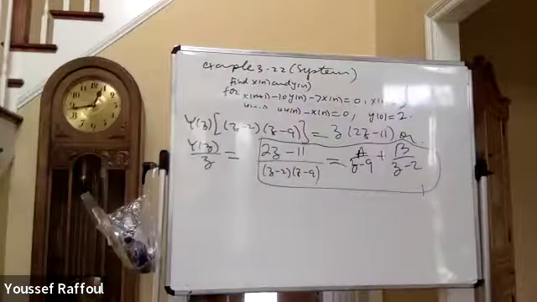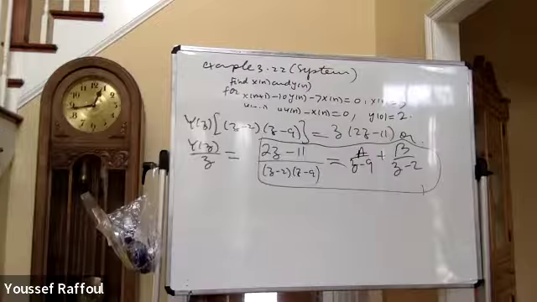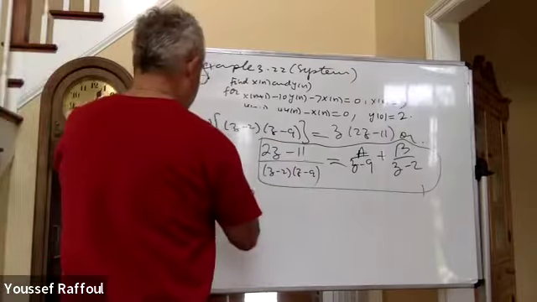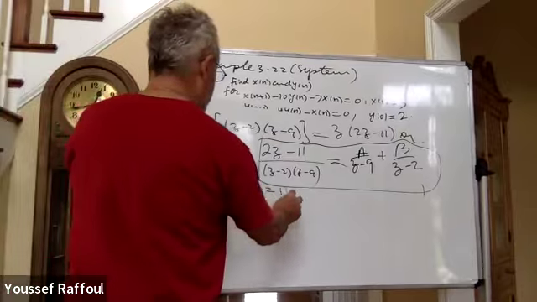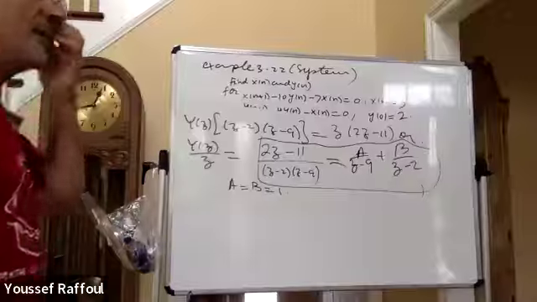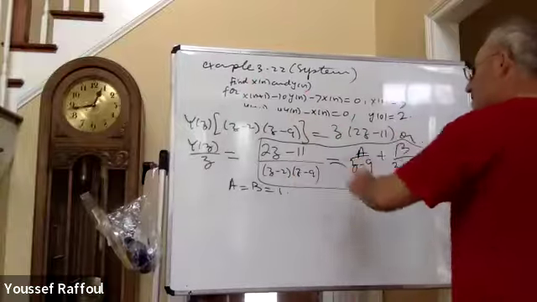And so we are going to end up with a equal 1, b equal 1, after you do a common denominator and the calculation and set it equal to 2z minus 11.